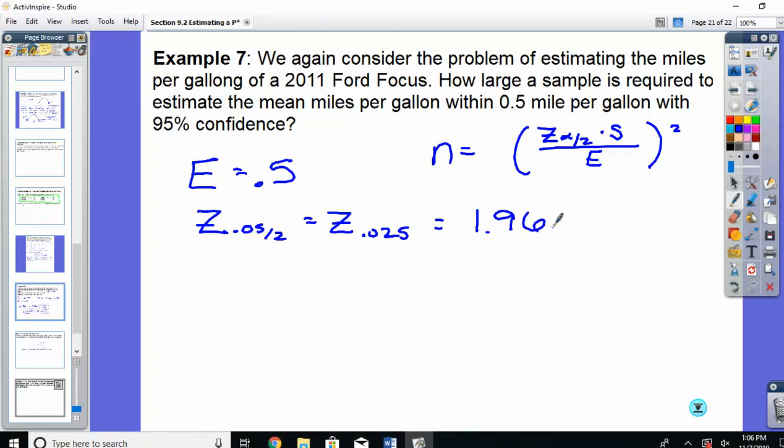Something I want to mention, I haven't showed you this before because I don't always ask for one of these percents, so you need to be able to know how to read the table. But look on the normal table, the bottom left. It tells you confidence interval for critical values is z alpha over 2. If you're at 90, 95, 98, or 99, it actually tells you what the z is.